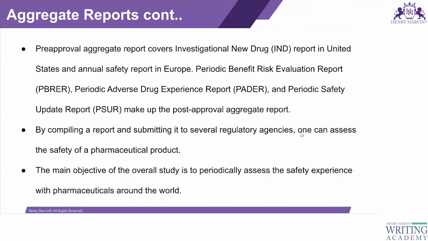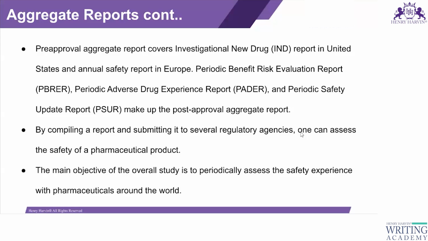Pre-approval aggregate reports are submitted to the regulatory authorities before the marketing of the drug, that is, the investigational new drug report submitted in the United States, and the development safety update report, the DSUR, submitted in the European Union.